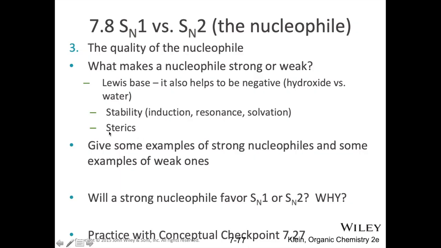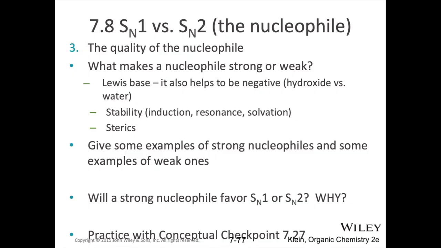Something that's particularly bulky will not make for a good nucleophile. Instead, it might act as a base. We're going to get into this distinction a little bit more in the next chapter. While in this chapter we're looking at the competition between SN1 and SN2, in the next chapter we're going to compare the competition between these substitution reactions and elimination reactions.